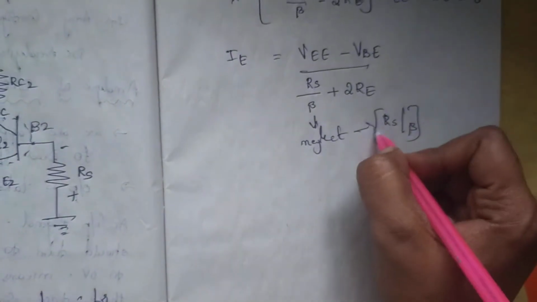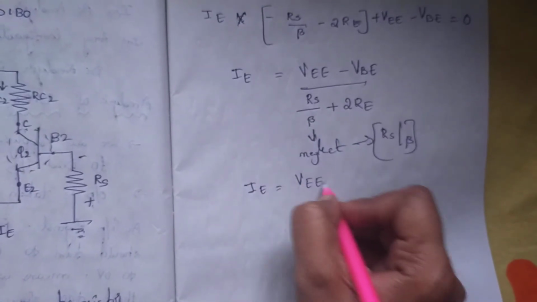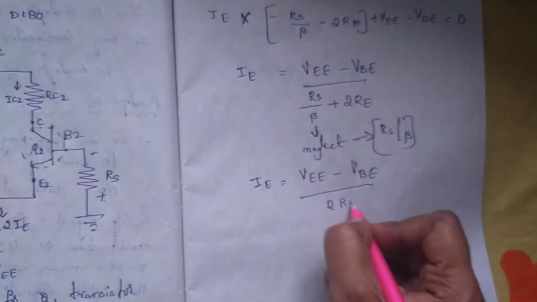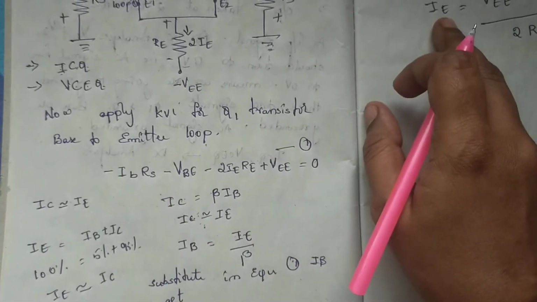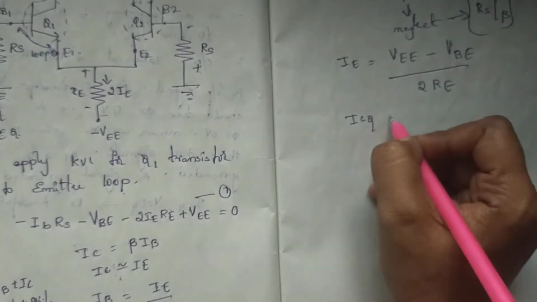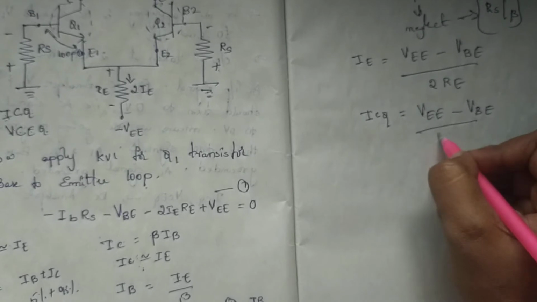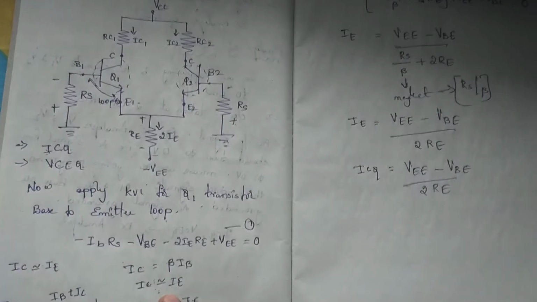Then IE equals VEE minus VBE divided by 2RE. Since IE is approximately IC, we can write ICQ equals VEE minus VBE by 2RE. This is the ICQ value.